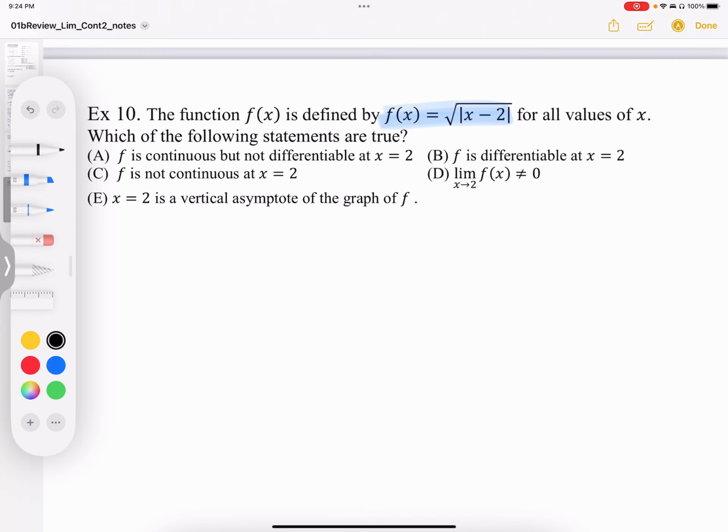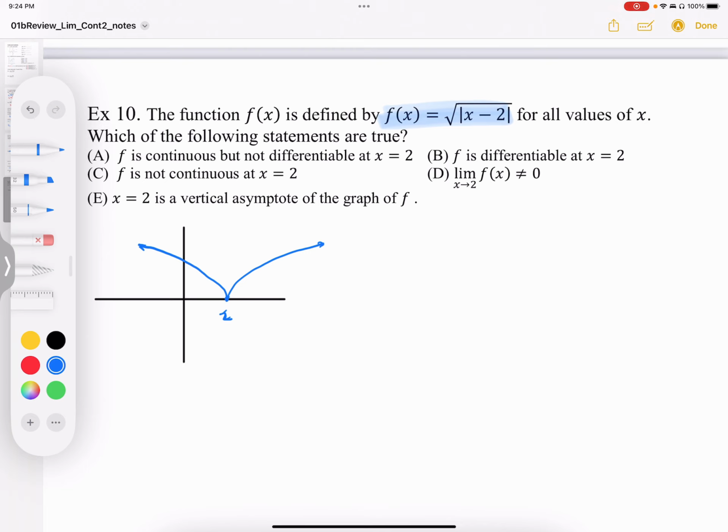So the picture we should be thinking of is a square root function from a vertex at 2, going in this direction, and because of the absolute value it mirrors itself in this direction. So there's our x equals 2 vertex.